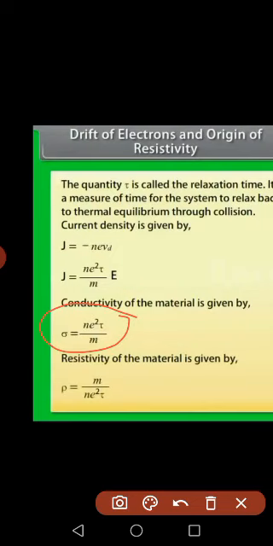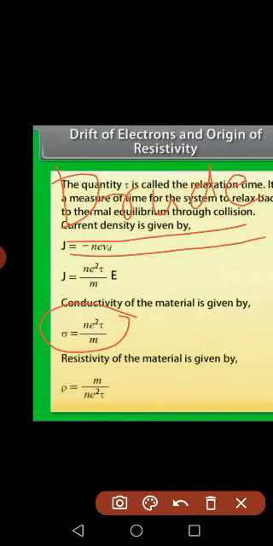Constant terms related to the electrons: number of electrons, charge of electron, mass of electron. So this is all constant. And this is called the Drude model. Actually the mathematical explanation of the Drude model is not in our syllabus, but in order to explain conductors and the change of the resistance of conductors with the change in temperature, we need to introduce some qualitative part of this Drude model.